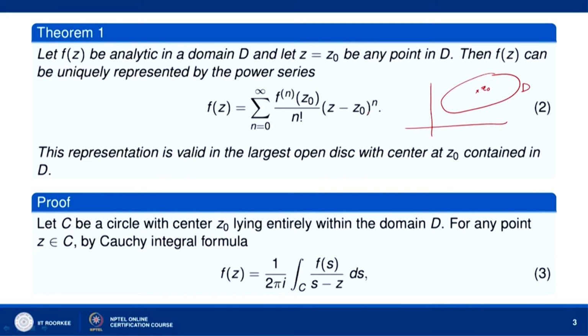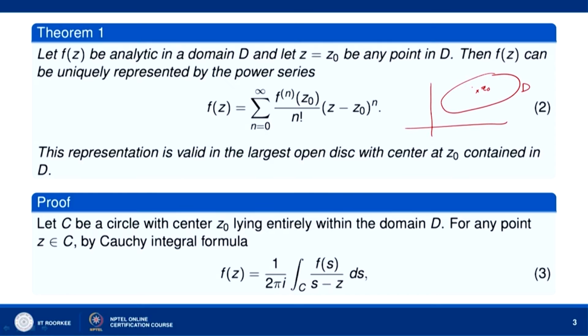Now this representation of f(z) is valid in the largest open disk with center at z naught contained in D. That is, the radius of convergence, or the radius of this disk, will be the distance of the point z naught from the nearest point on the boundary of D.